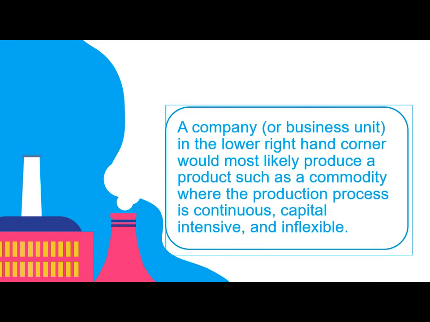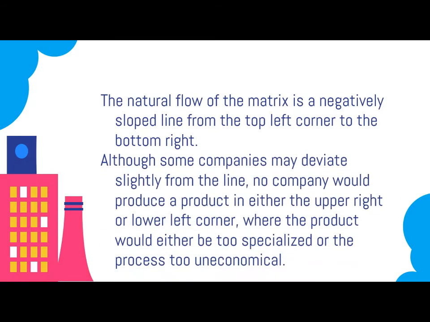Company or business unit in the lower right hand corner would most likely produce a product which is commodity, where the production process is continuous, capital intensive and inflexible. The natural flow of matrix is a negatively sloped line from top left corner to the bottom right.